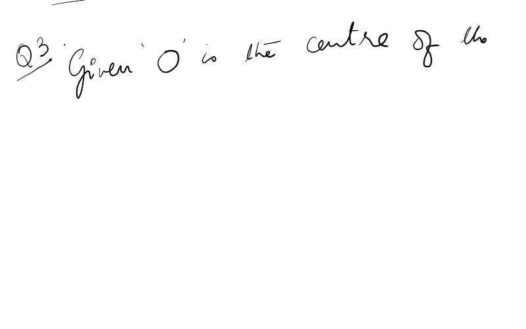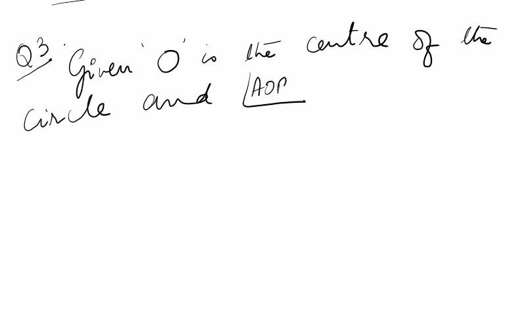Question 3. Given O is the center of the circle and angle AOB is equal to 70 degrees.